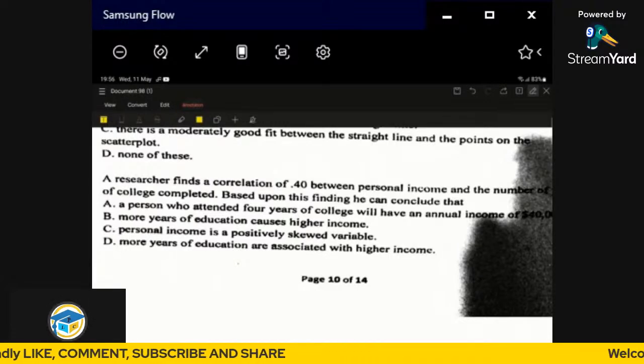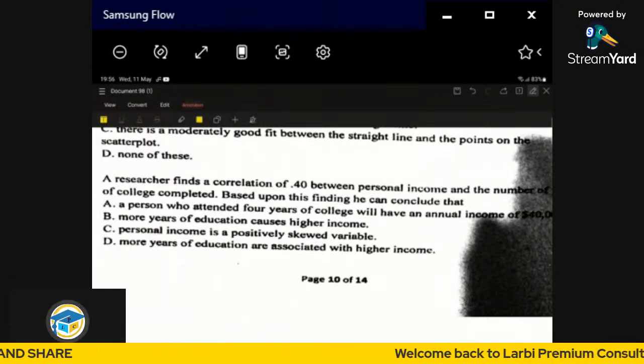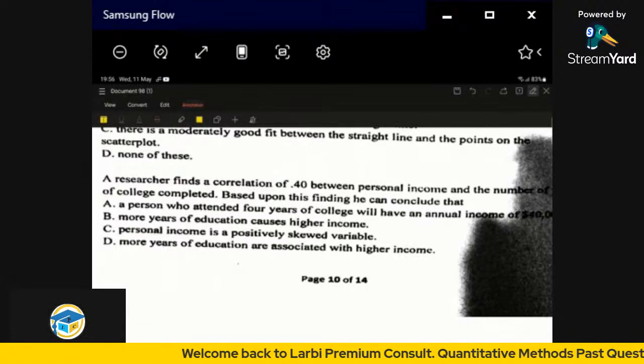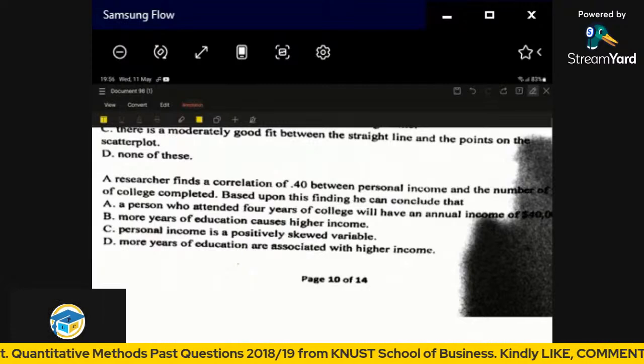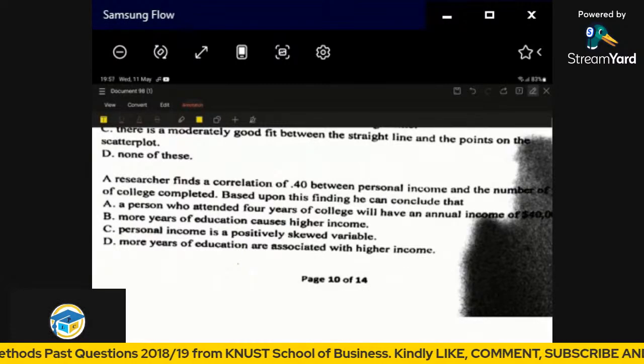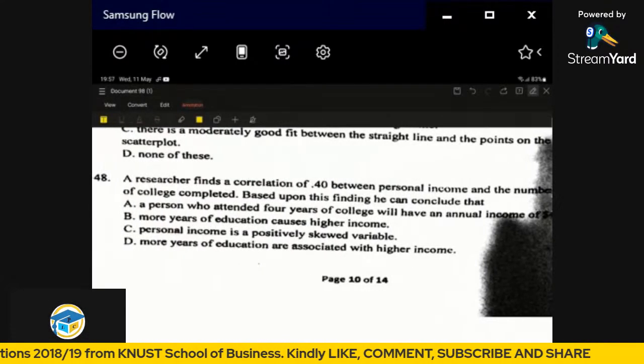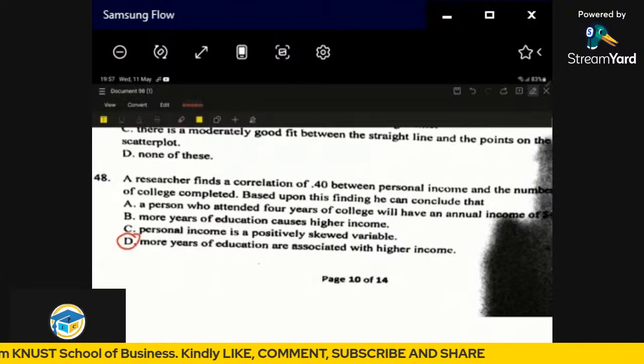Others are true, others are not true. But here we are just making some deductions from the information that we are given here. Is that okay? So here we can clearly say that more years of education are associated with higher income. So we can conclude that the right answer is option D. So let's take note of that.